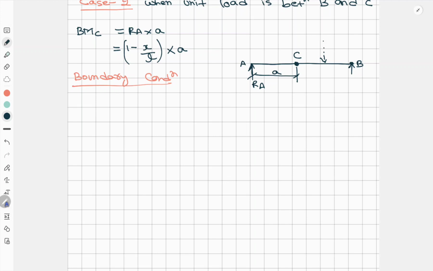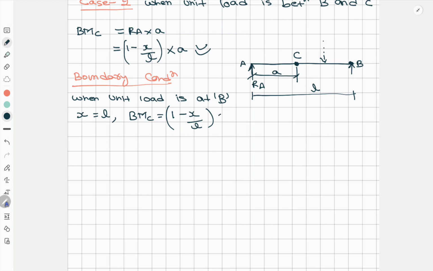When the unit load is at B, the value of X will be the whole length L. So the bending moment at C will be, we have the equation here, (1 minus X by L) into A. In place of X we need to put L: (1 minus L by L) into A, right?